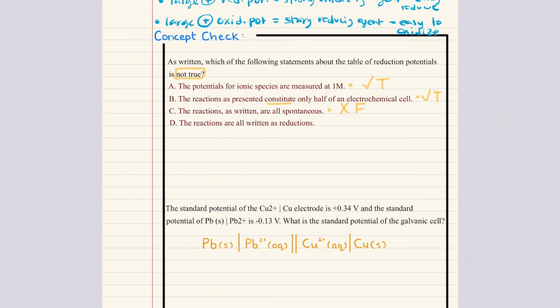Therefore, C is the correct answer because it is the statement that is not true. Let's still work through D though. D says the reactions are all written as reductions. That is correct. The reduction table always lists the electron gain direction for every entry. Again, the only false statement is C.